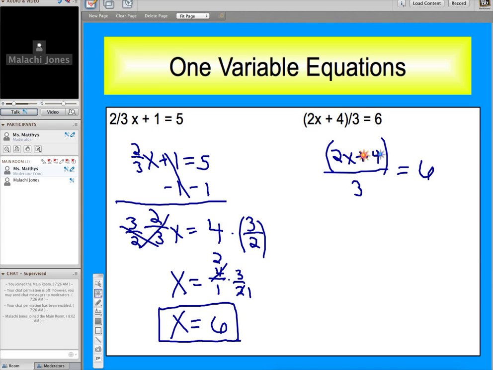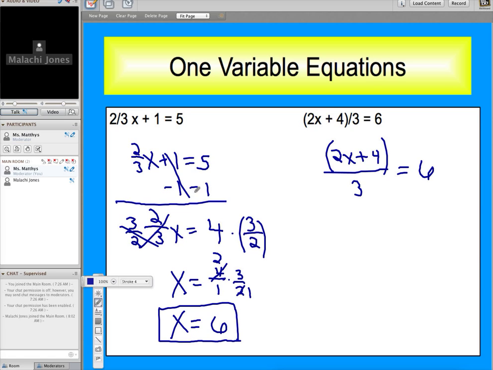I would love to get rid of my addition and subtraction first, but I can't because it's stuck in these parentheses. So what would you want to do first? What do you think? You would multiply by the 3.